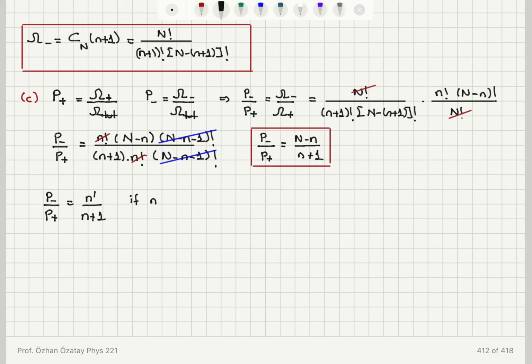If n is much greater than 1, you will have the P minus to P plus ratio equal to n prime over n.